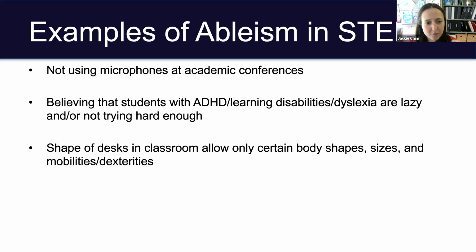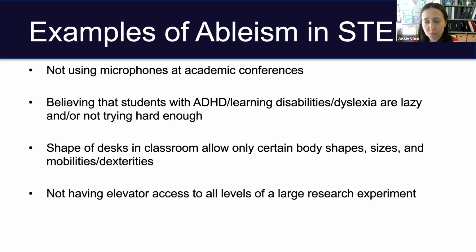Have we considered differences in how people's bodies are shaped and how they function in creating a space for them to access our classroom? Another example that we learned about in part of our research is a physics experiment that had multiple different levels to it, but not all of those levels were accessible by an elevator.